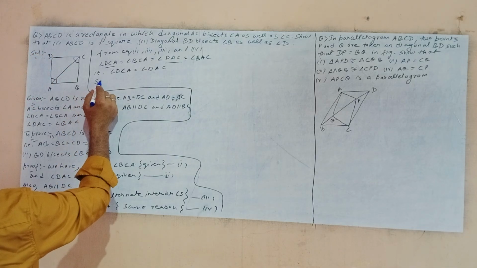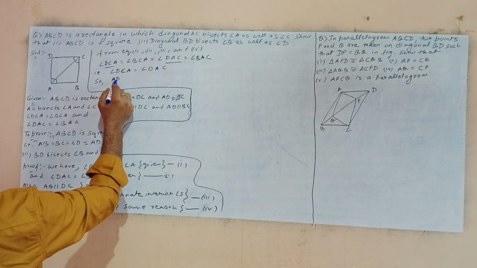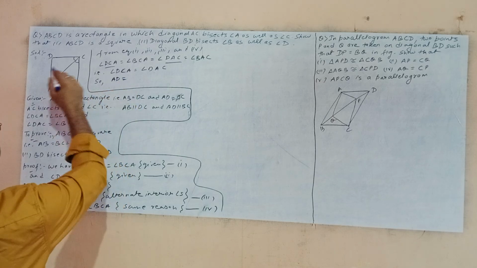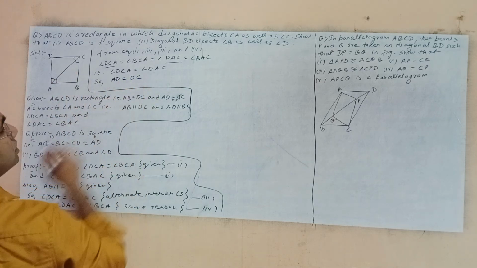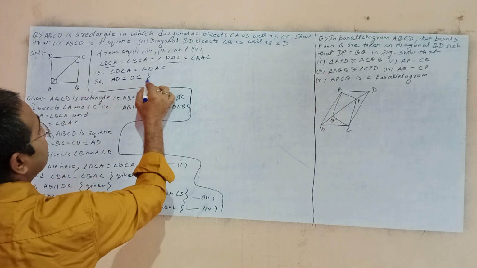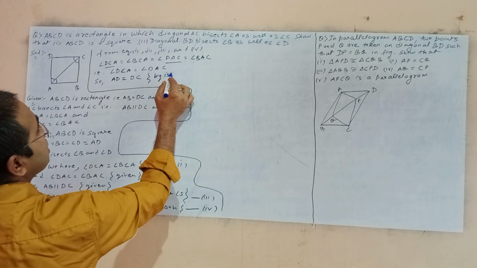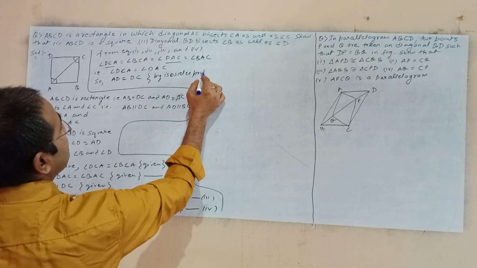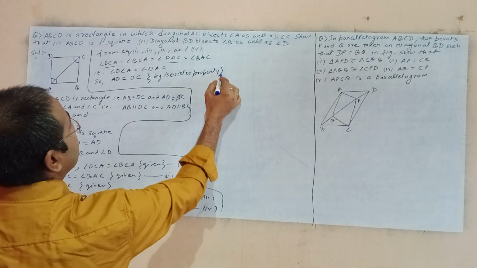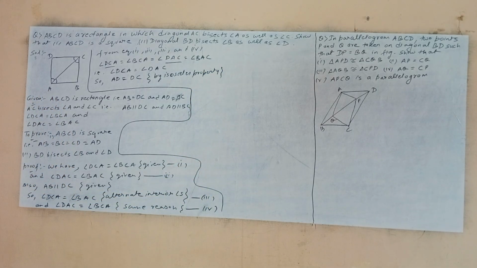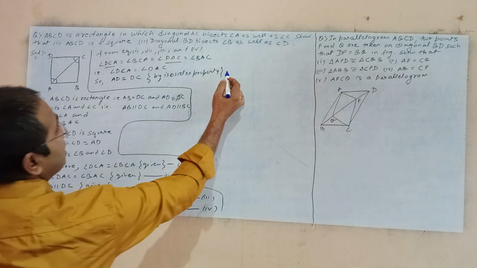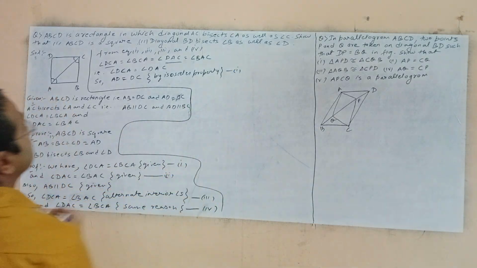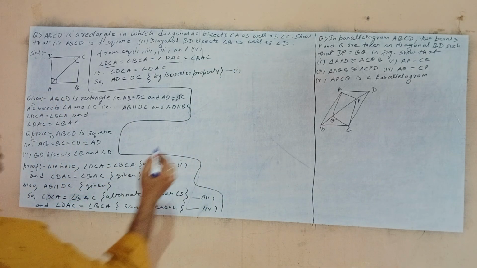So AD is equal to DC by the isosceles property. You know that if opposite angles are equal, then opposite sides will be equal. Take it as the first.